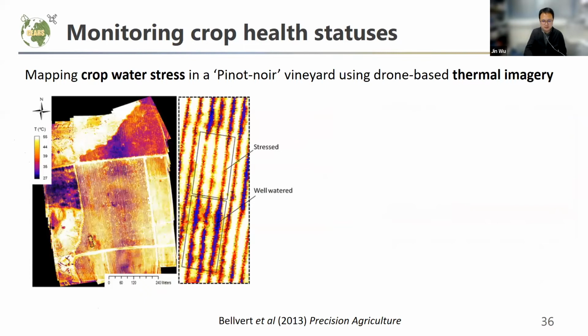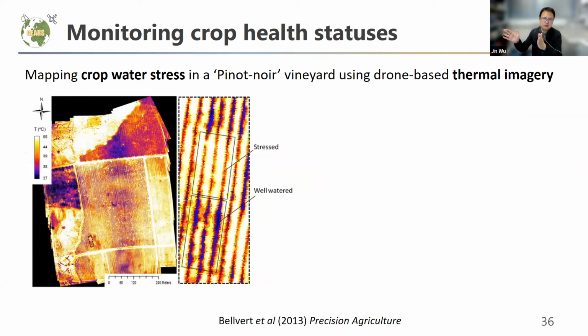Here is another example I would like to share, about how to monitor crop water stress. Like we mentioned, hyperspectral remote sensing can normally be used to monitor leaf water content. But when I checked the literature, I found very few studies showing we can use hyperspectral remote sensing to monitor water stress. I haven't figured out the reason why, but one potential reason is that nowadays most drone-based hyperspectral sensors only have a half range, from 400 nanometers to 900 nanometers.